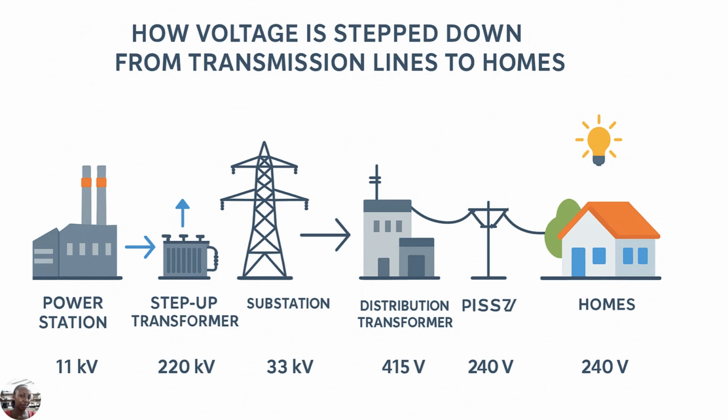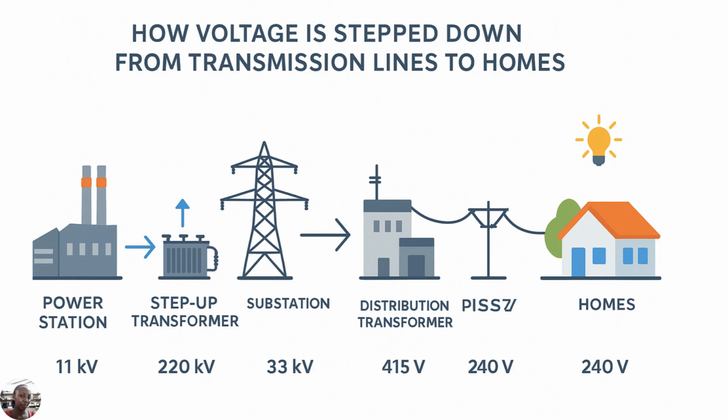Stepping up voltage allows power to be transmitted over long distances with minimal losses. At the substation, the voltage is stepped down to 33 kilovolts and supplied to distribution lines.